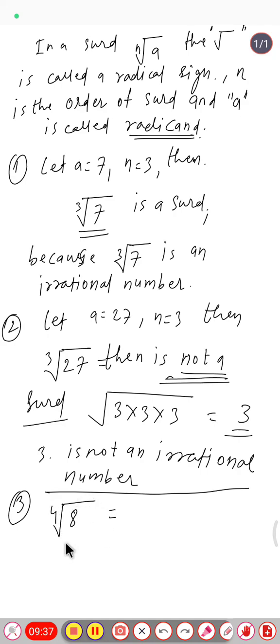When we solve this, we are not able to find the exact 4th root of 8, so we didn't get a rational number as the solution. Therefore we can say that the given number is a surd.